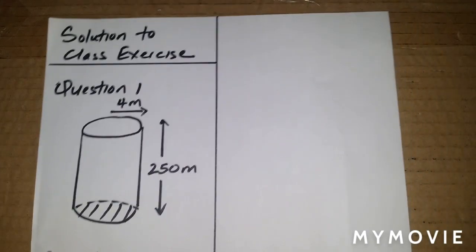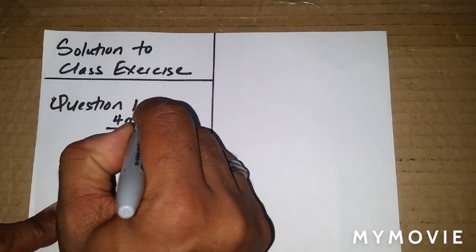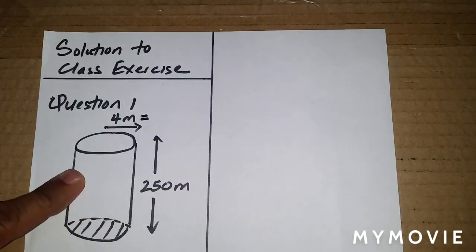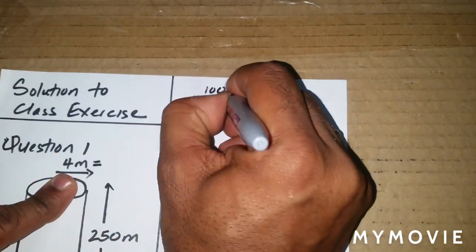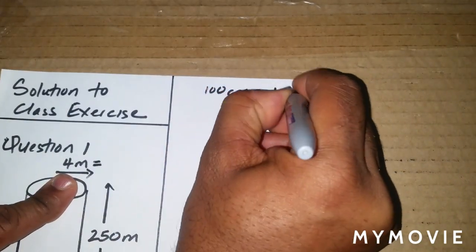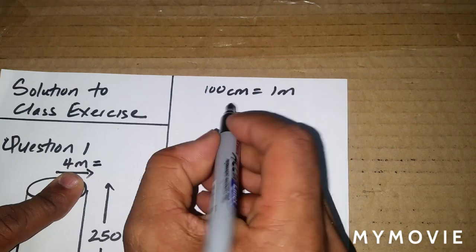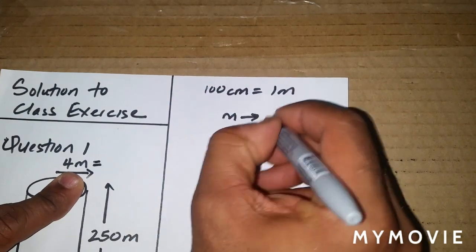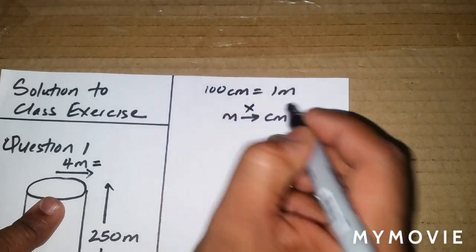So you remember, 100 centimeters equals 1 meter. So I can do the conversion here. We're converting from a large unit, going from meters to centimeters, and we're moving from a large unit to a small unit. That means we're supposed to multiply.